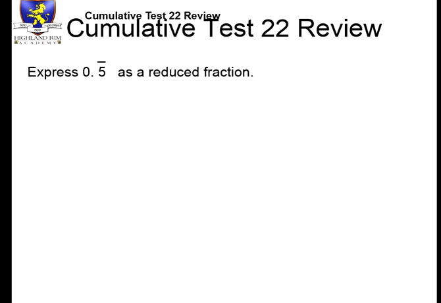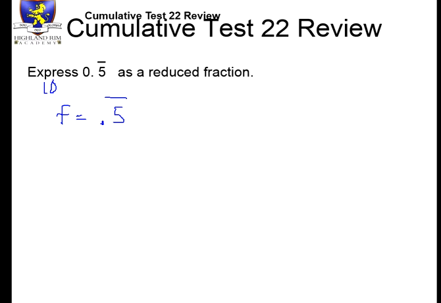Now we're going to express 0.5 with the repeating 5 over it as a reduced fraction. Okay, so how do we do that? We say the fraction f is equal to 0.5 repeating. Now remember what we did.